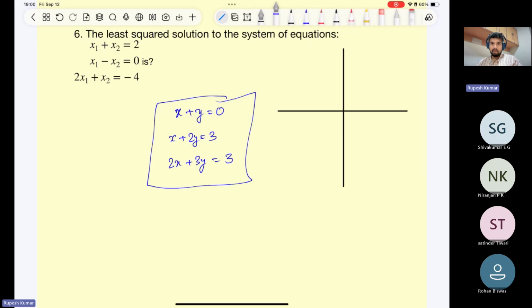Everyone, can you give me an idea on what the solution to these systems of equations looks like?